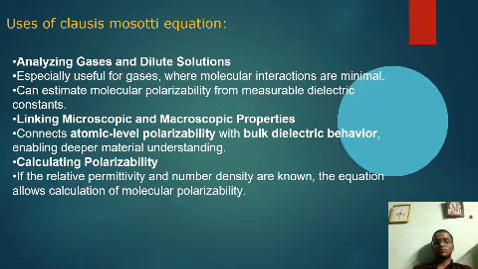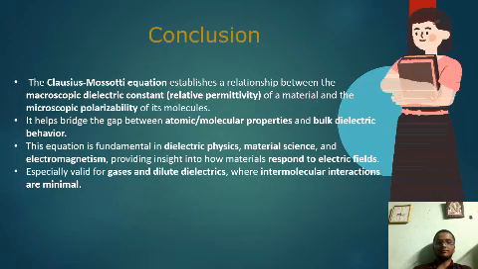Linking microscopic and macroscopic properties: it connects atomic level polarizability with bulk dielectric behavior, enabling deeper material understanding. Calculating polarizability: if the relative permittivity and number density are known, the equation allows calculation of molecular polarizability.